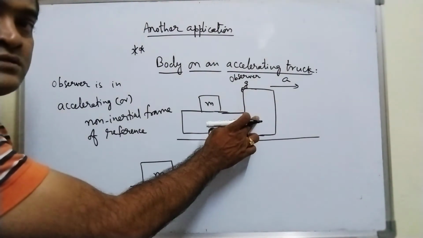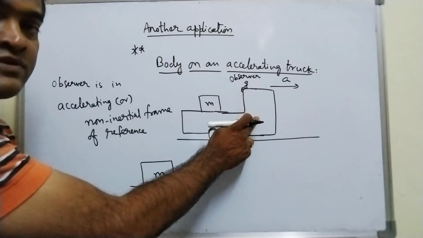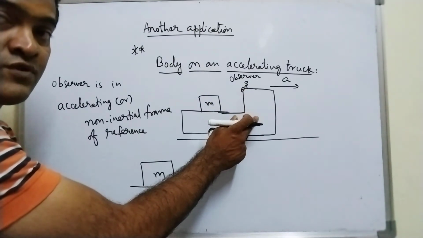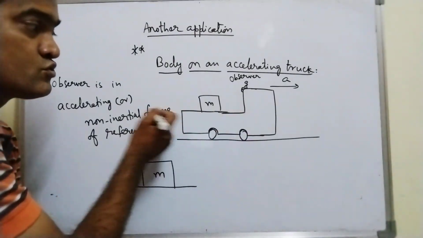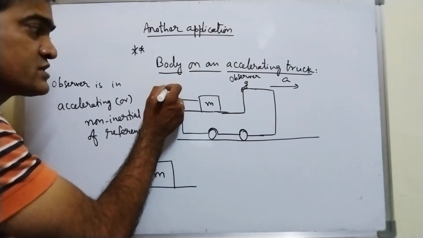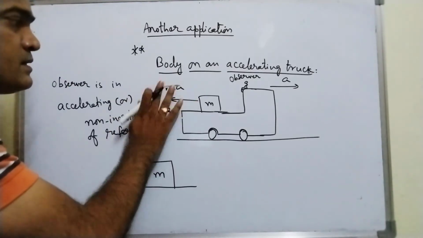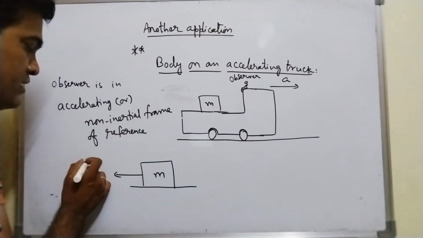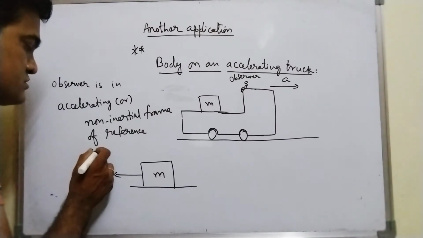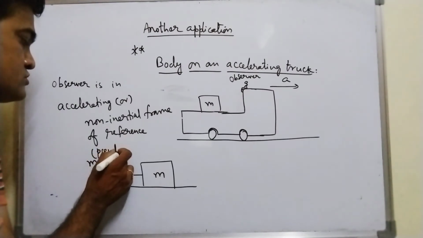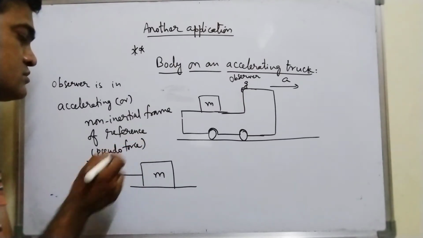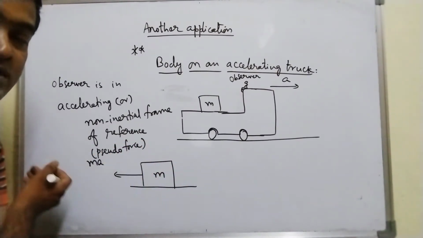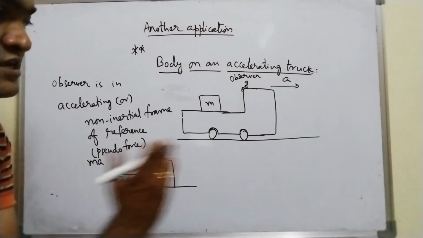Because this is an accelerating, or non-inertial, frame of reference, there should be a fake force, or pseudo force, acting in the opposite direction, ma. This is the value of ma. This force is called pseudo force.